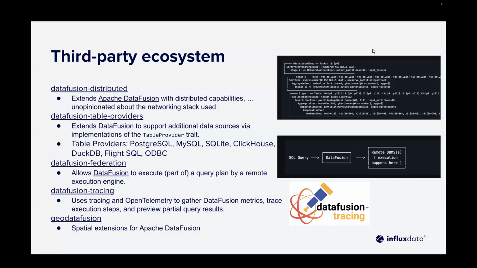That's distributed pieces for building distributed database engines. DataFusion is just a single node engine. We've also got things like table providers that have all the standard interfaces to talk to MySQL and ClickHouse or whatever. I think we have Luke and his team to thank for that, actually. There are also packages to help with federated queries, packages to hook into distributed tracing, packages to make it work with geospatial data, and hopefully there's more and more.